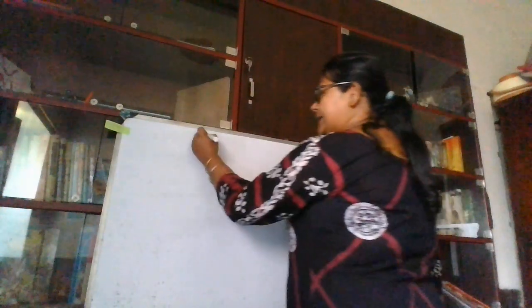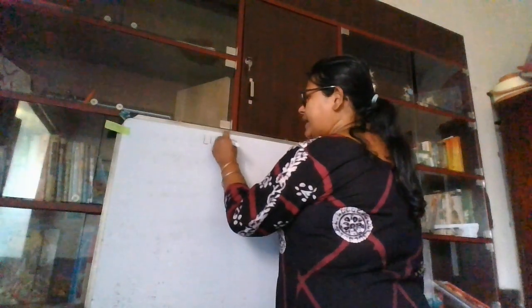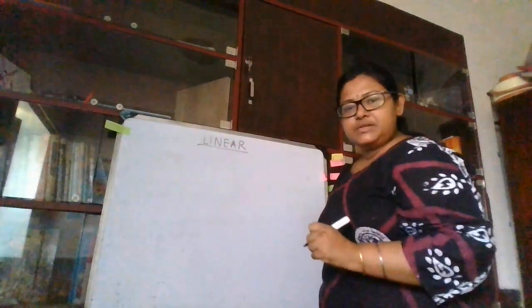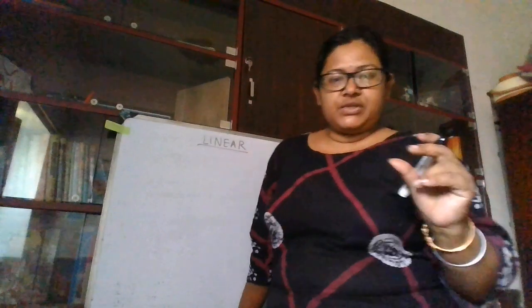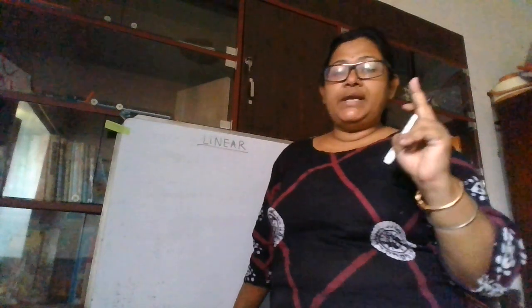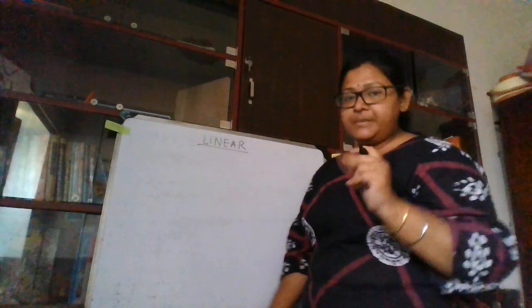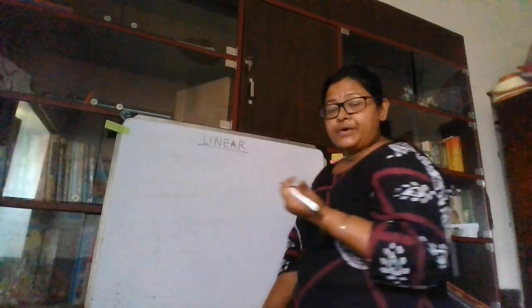Today we are going to discuss the topic linear equation. Why is it called linear? This is so because the equation considers only a single variable. Single variable means what? A number.